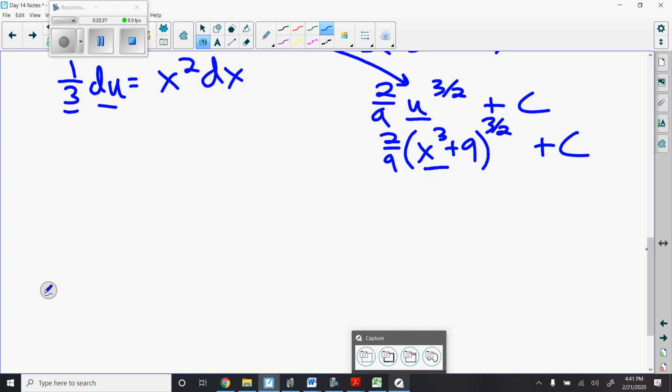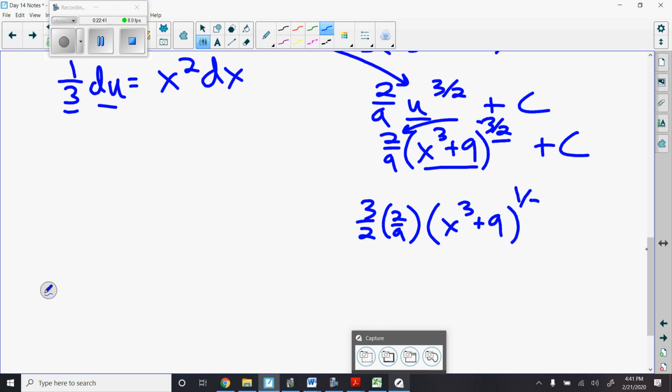So this is a chain rule. I have a function within a function. So I do the derivative of the outside. I'm going to multiply that out front. With respect to the inside, keep the inside the same and reduce the power by 1. But it's a chain rule, so I also have to multiply by the derivative of the inside.